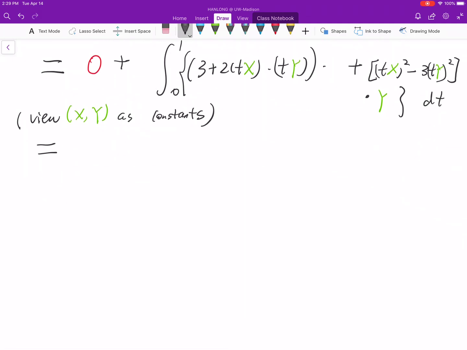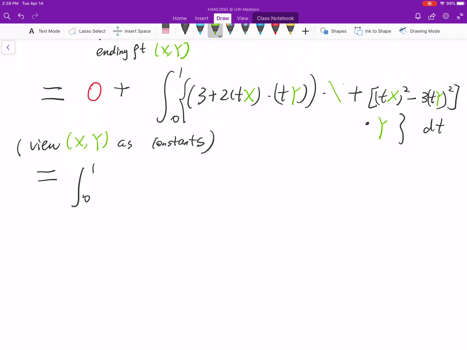Okay, then what do you have? Let's simplify a little bit. You have integral from 0 to 1, and first, here you have x.